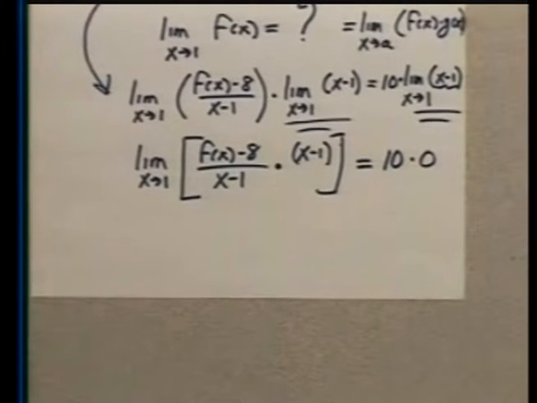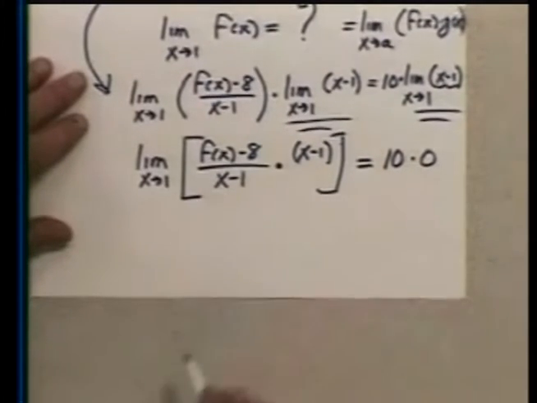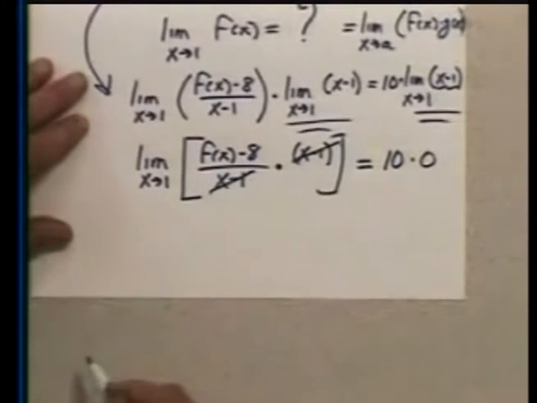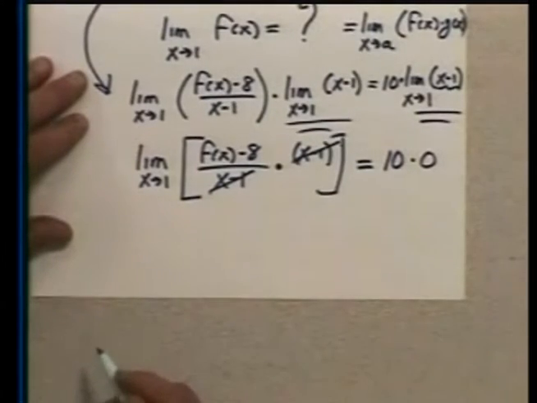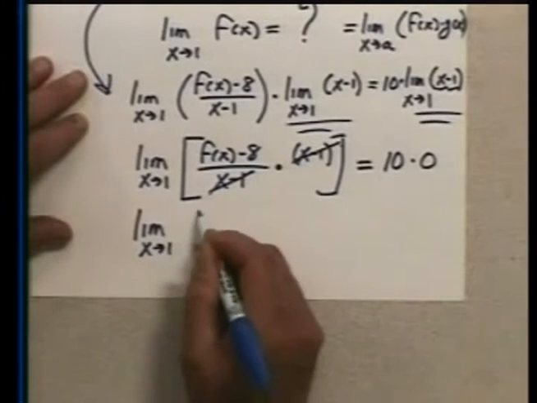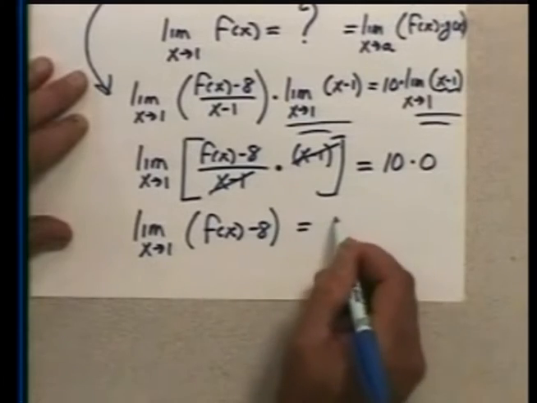Okay so far? All right, now what can I do on the left? Get rid of that x minus 1 like I needed to. So now I have the limit as x approaches 1 of f of x minus 8 equals 0.